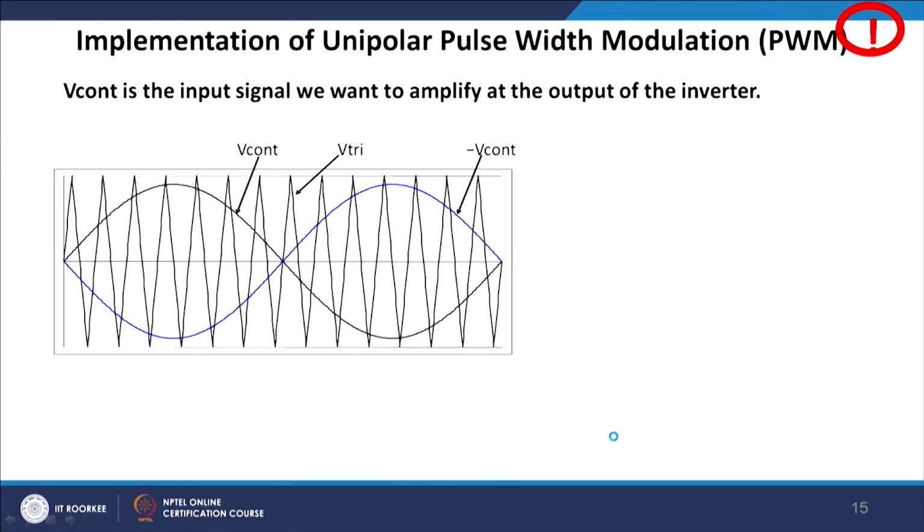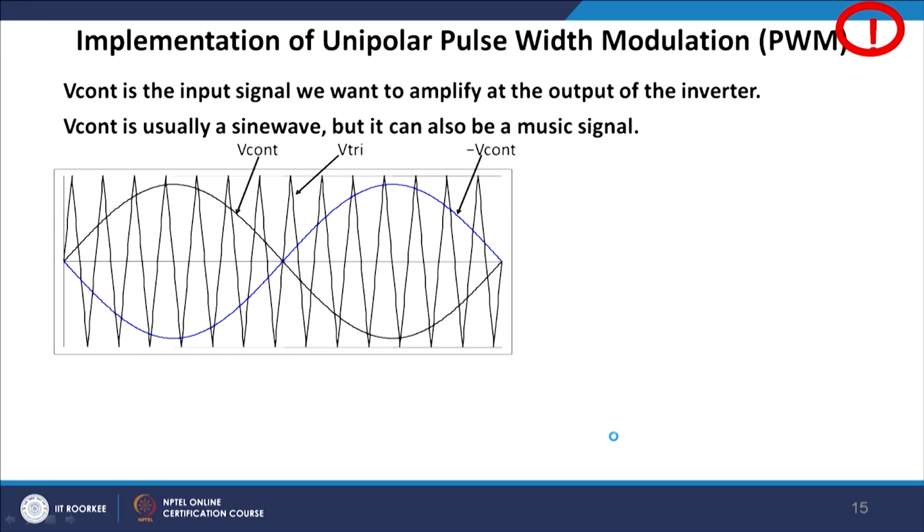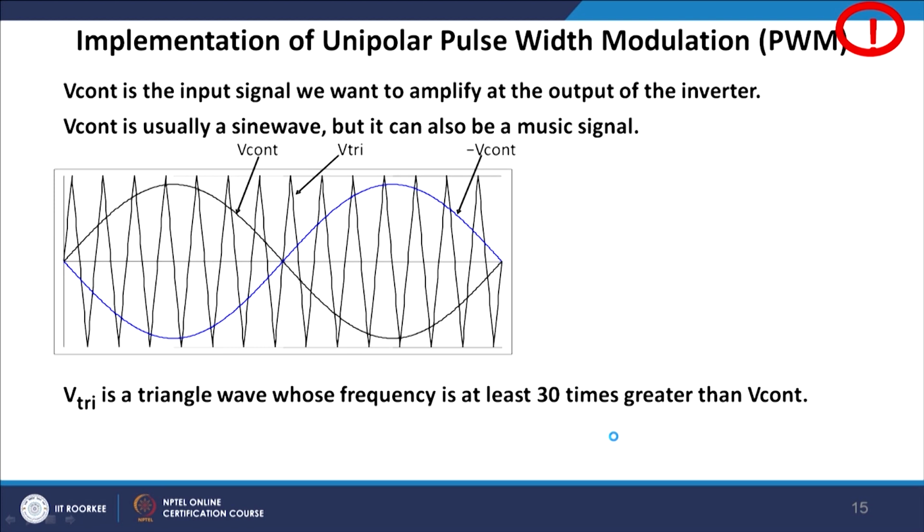Now, we want to amplify the V control, whatever the control signal, according to the amplitude, and see the advantage of it over the previously discussed bipolar PWM. In this case we should mention that the triangle wave frequency should be around 30 times more.